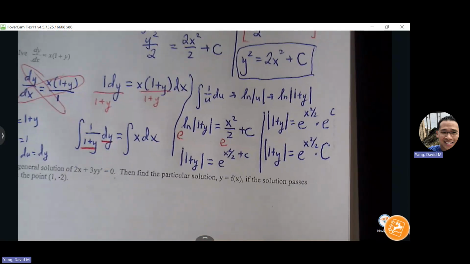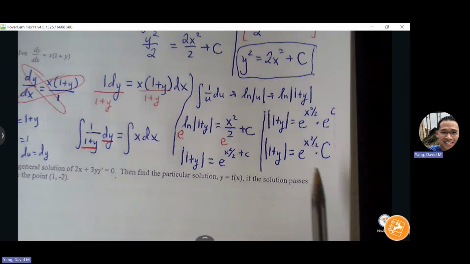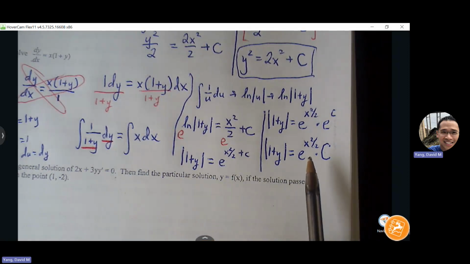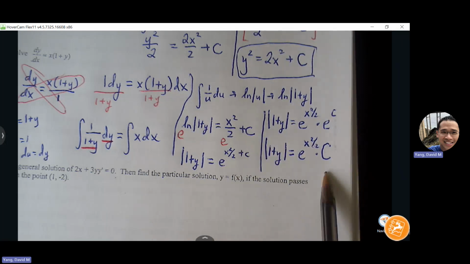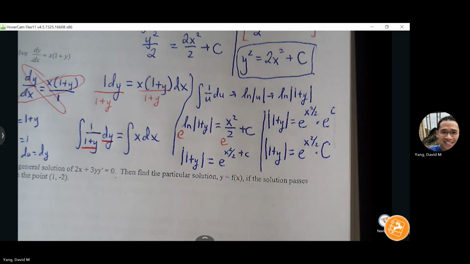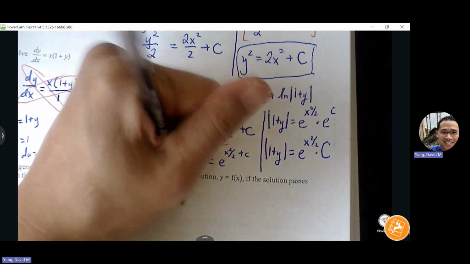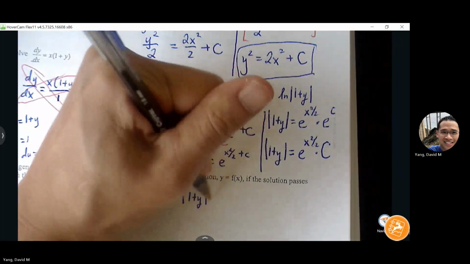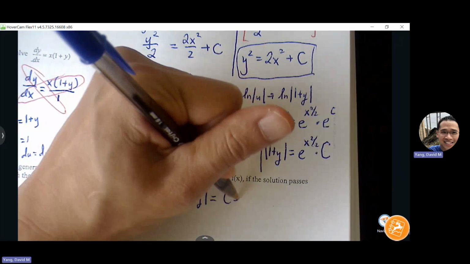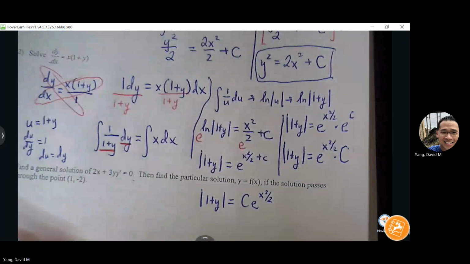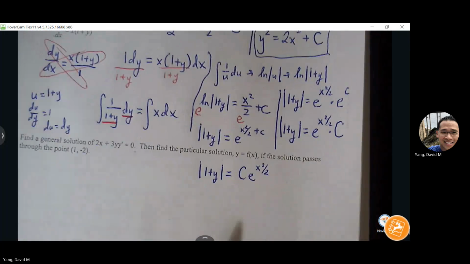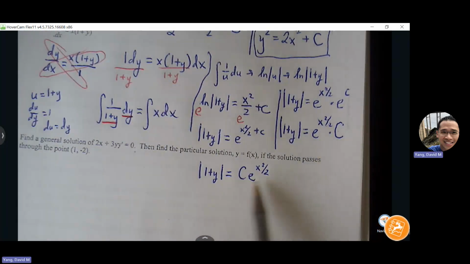Now my c has turned into a coefficient instead of a number that I add, just because I introduced this whole exponent. So absolute value of 1 plus y is equal to C e to the x squared over 2. Now that C is a coefficient, I'm going to bring it in front.